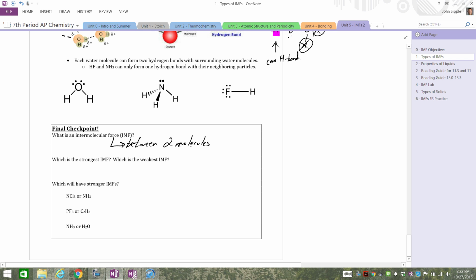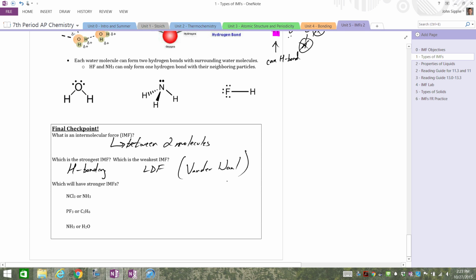A force between two molecules. Which is the strongest? Bonding. Weakest? LDF, yep. London dispersion forces are sometimes also referred to as van der Waals forces.